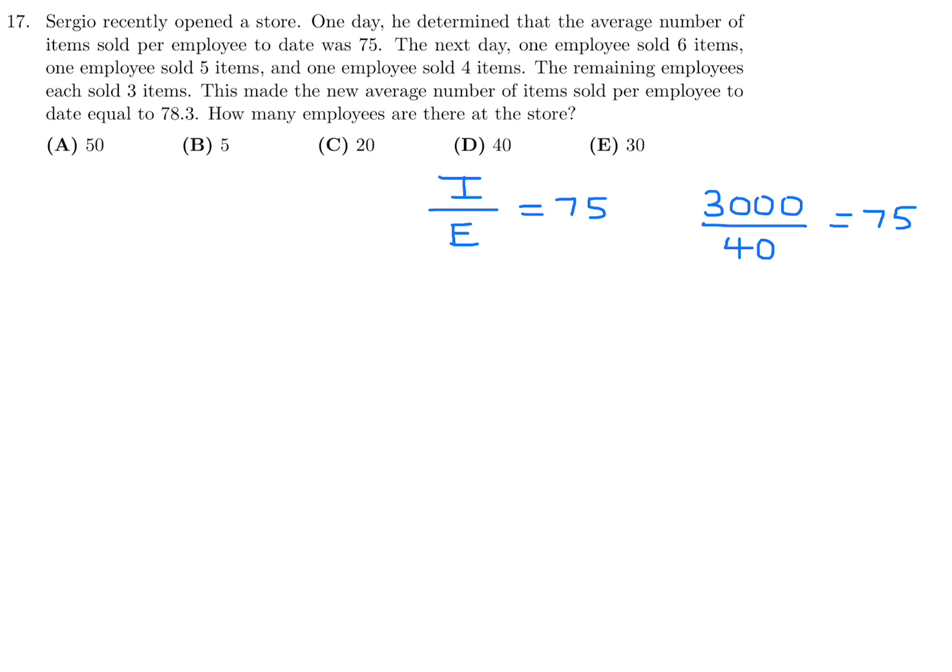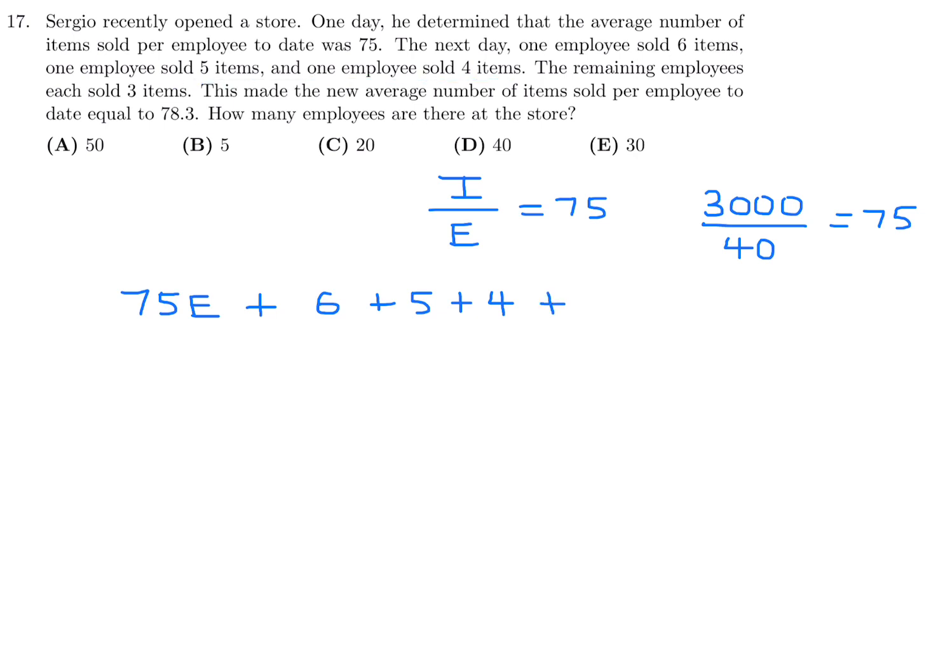Based entirely on the question and the information they give me, I can deduce the following. 75E, which is the initial number of items based on that equation, plus 6 plus 5 plus 4, right? 6, 5, and 4.